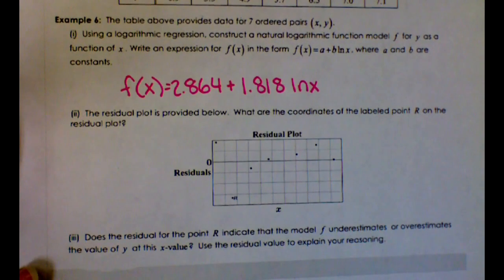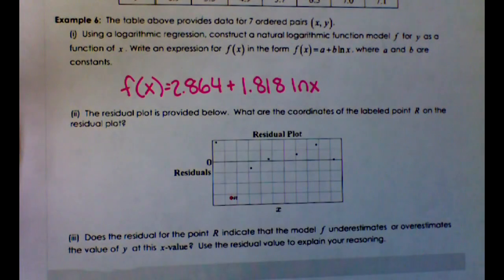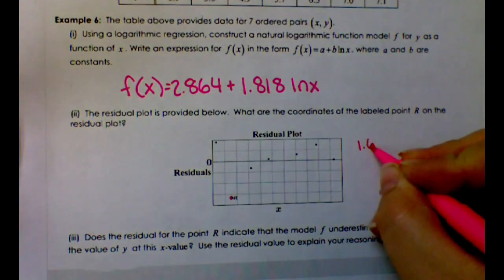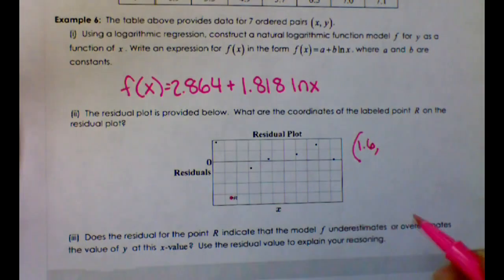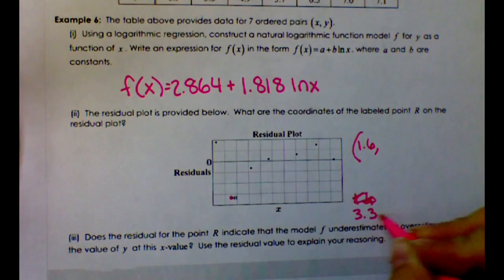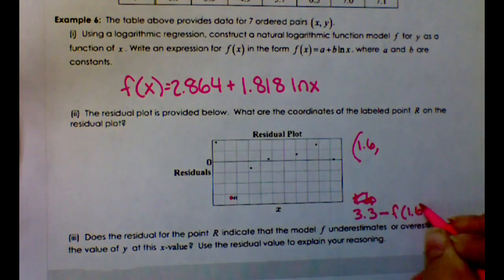The residual plot is given here. What are the coordinates of the point labeled R? Right here. Well, it's my second coordinate, so it must be 1.6 for my x value. And the residual value, remember, is actual, my actual was 3.3, minus my predicted. So that's f of 1.6.